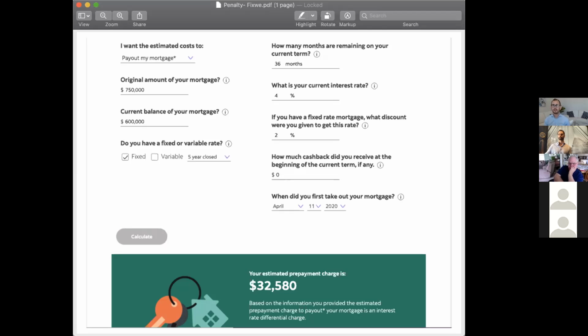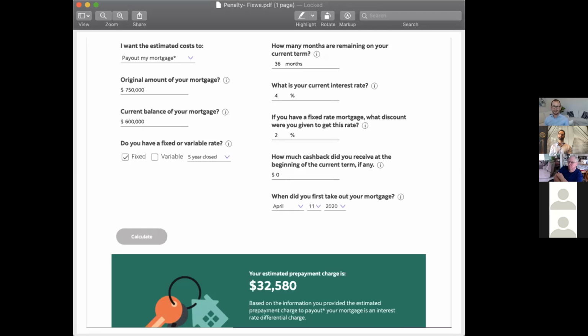They're saying, well, now that you're breaking the mortgage, I'm no longer going to be getting the interest from you that I was guaranteed. So I am going to collect this interest from you based on the differential of what I would have collected from you from now until the end of the term. And I'm going to collect it now up front. And then I'm going to lend that same amount of money to someone else and collect interest on top of that.